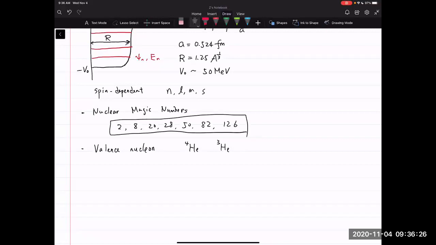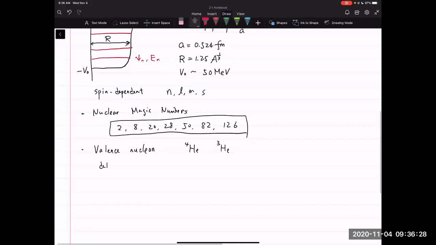It basically determines all the nuclear properties, such as the spin of this nucleus, the parity, the dipole moment, etc. It's basically the nuclear reactivity.